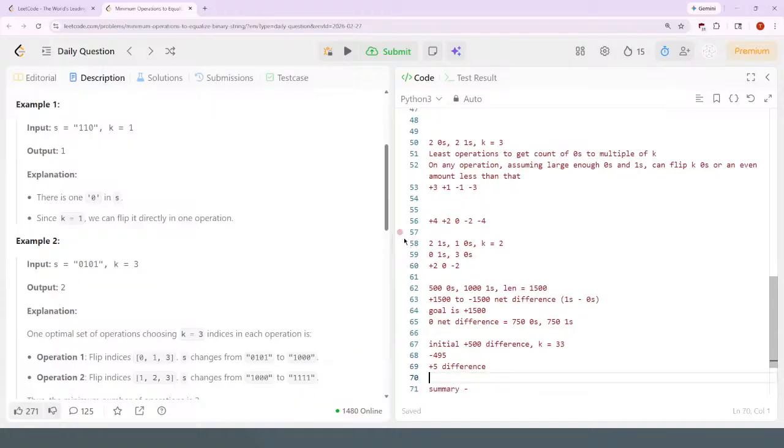So then what? If it's plus 5 difference and K is 33, then there should be a breakdown there that works, right? Like you flip over 8, 17, no, 19 and 14, 19, flip 19, 14 somehow.